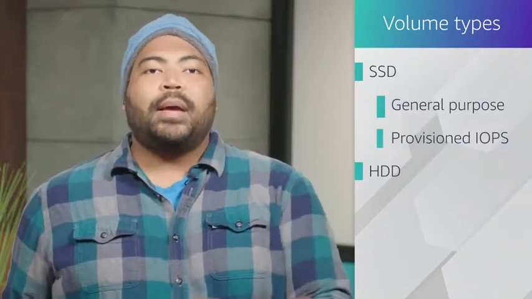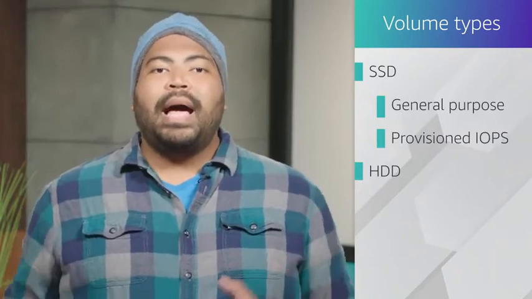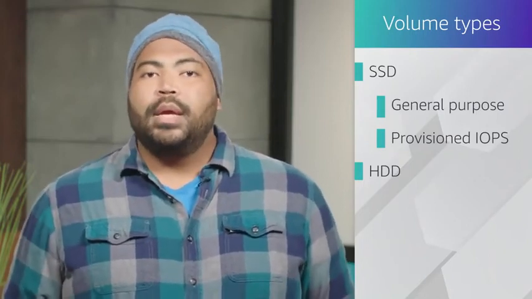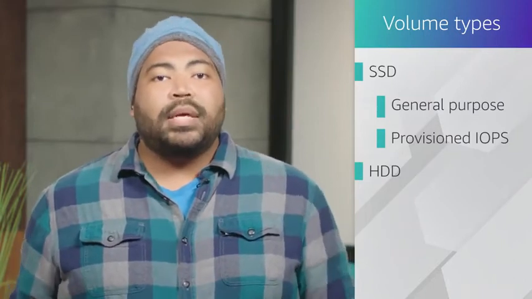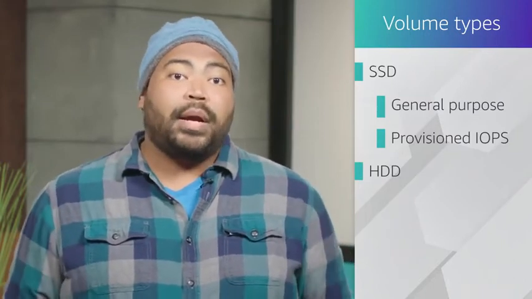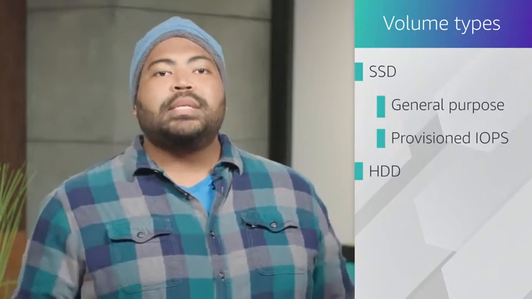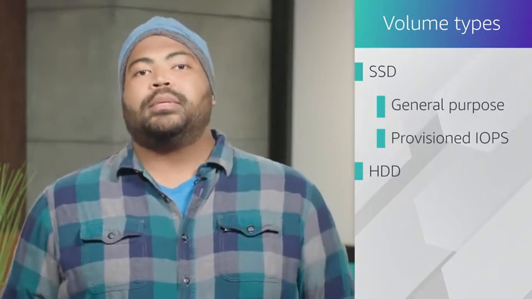The Provisioned IOPS SSD, or PIOPS volumes, offer you some of the highest performance SSD volumes for mission-critical low latency or high throughput workloads. You also have the ability to adjust the level of performance you may require. These are best utilized when you need consistent and high levels of performance.